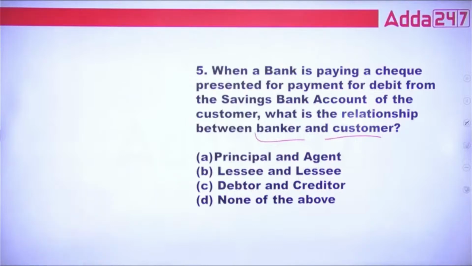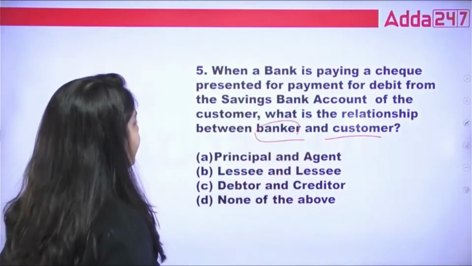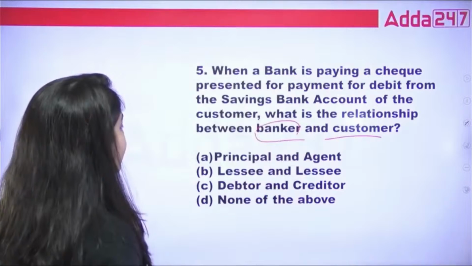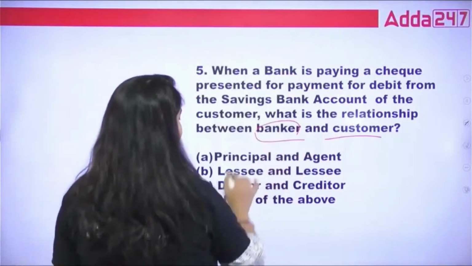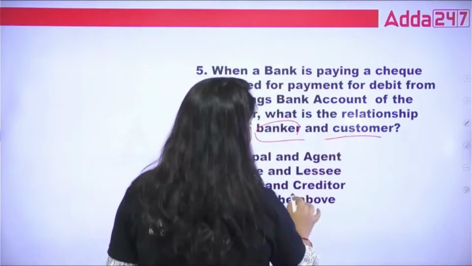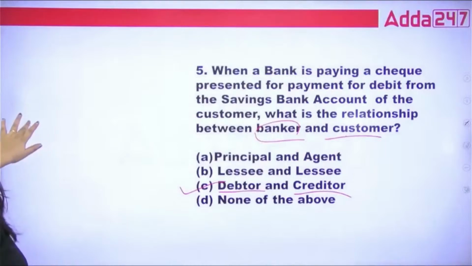The right answer will be banker and debtor. When the bank is paying a check, the bank is the debtor and the customer is the creditor. C is the right answer.